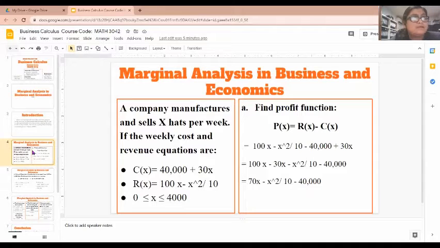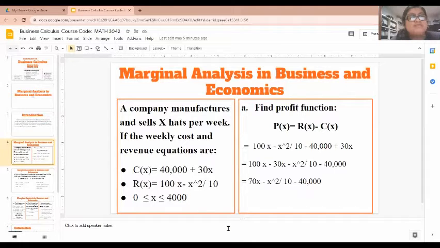First off, we have a company that manufactures and sells x hats per week. These are the equations for cost and revenue, R(x) and C(x). A. Find the profit function.